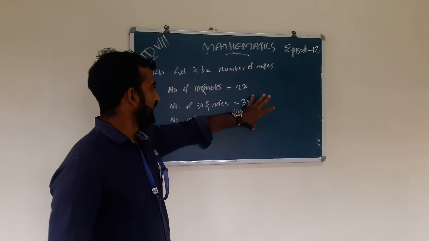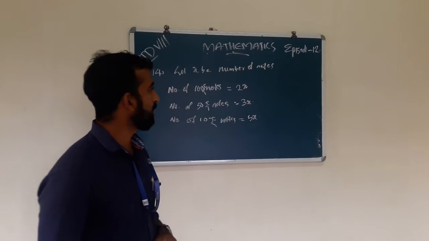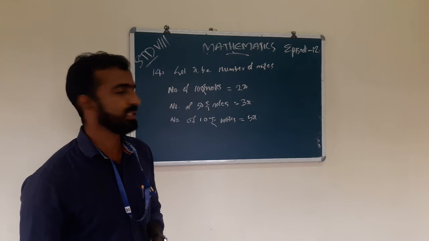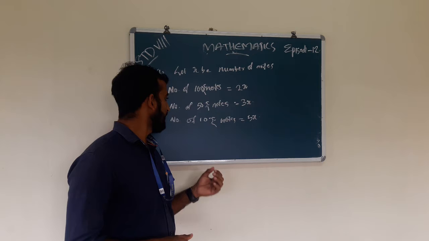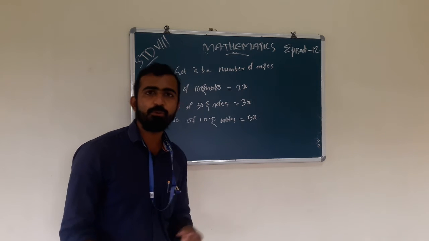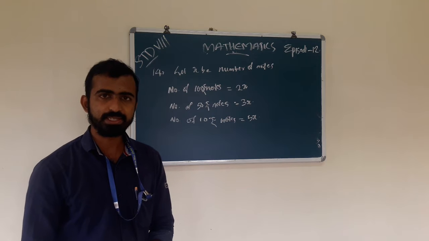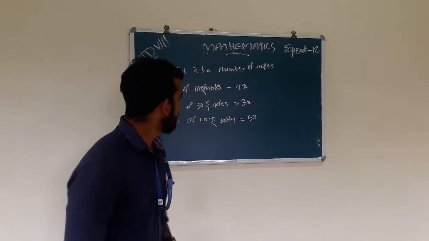So we can write the number of 100 rupee notes as 2x, the number of 50 rupee notes as 3x, and the number of 10 rupee notes as 5x. Yes, it is correct.